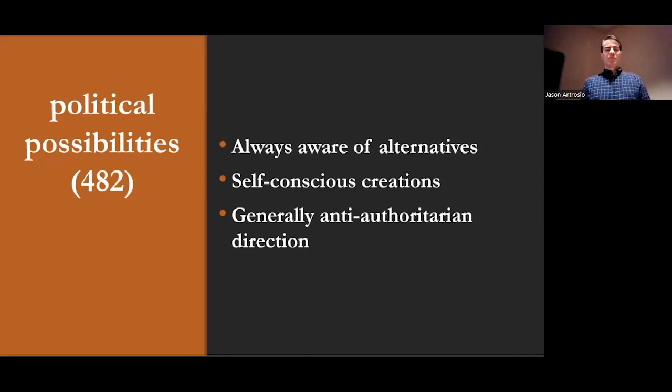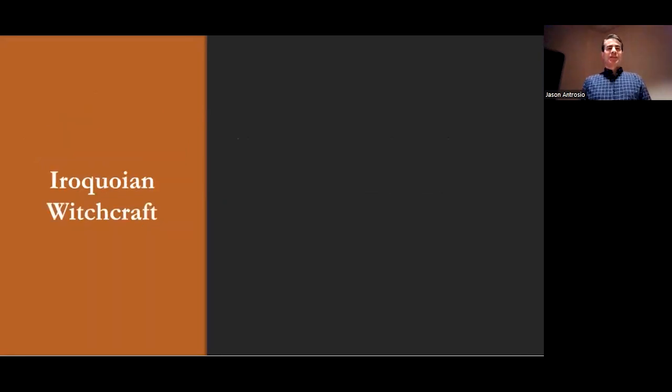Now, there are some passages in this chapter which get very long and detailed, so we're kind of skimming through them. They support that with the idea of looking at Iroquoian witchcraft or witchcraft accusations.